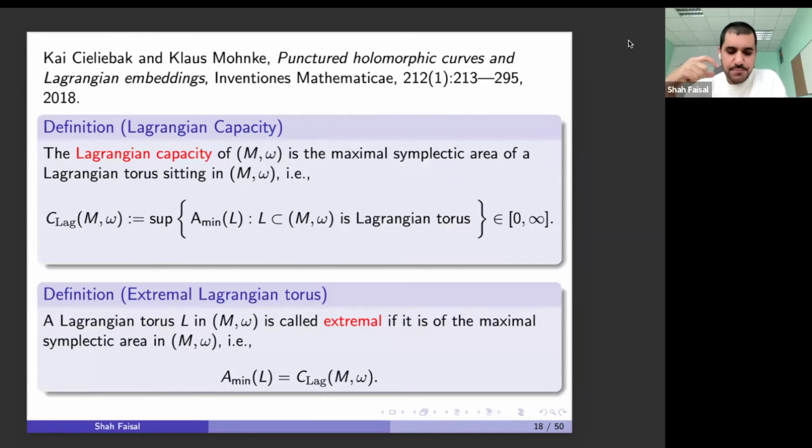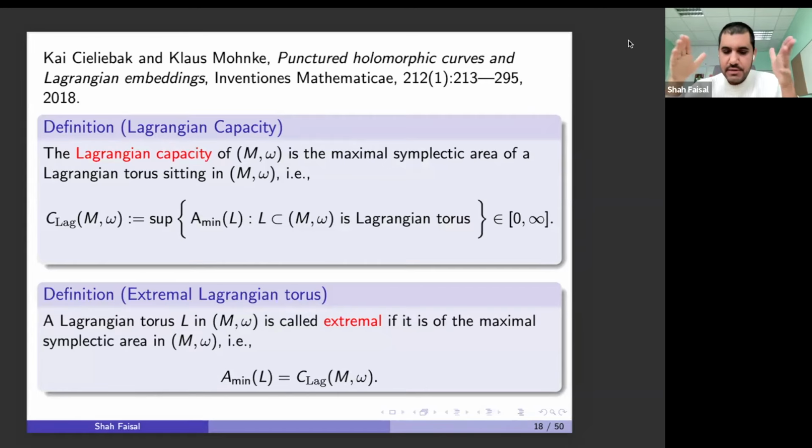For example, if you take CP1, the Lagrangian capacity of CP1 is 1/2 of the area of CP1, and the equator is an extremal torus. But if you take a closed oriented surface of genus 1 or higher, then the Lagrangian capacity equals the area, but they contain no extremal tori.